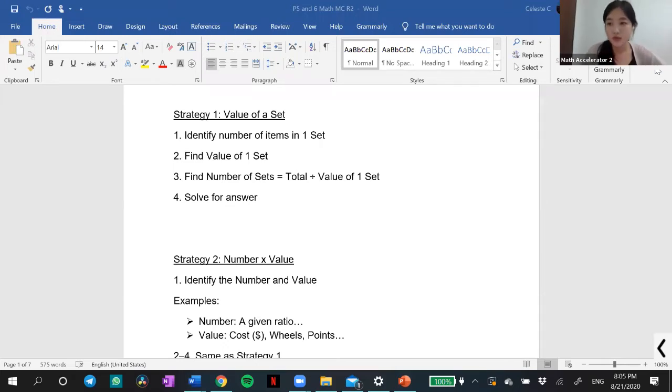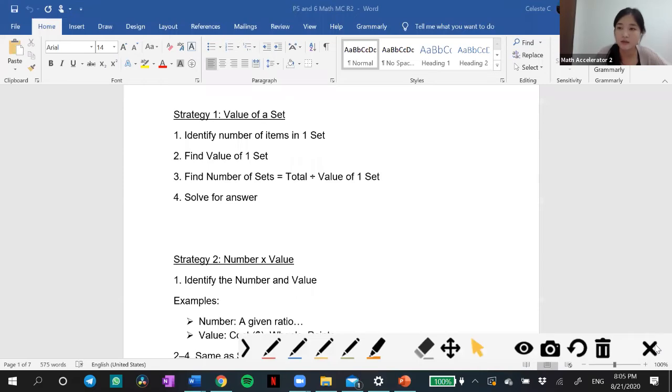Let's start with strategy 1. Today we're doing value of a set. These are the steps. First, identify the number of items in one set. Step 2, find the value of one set.